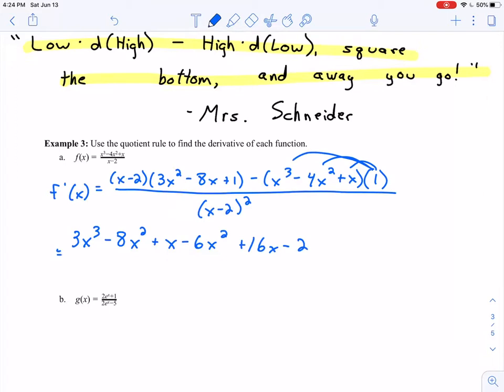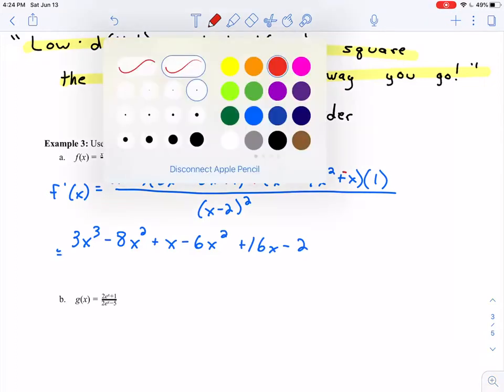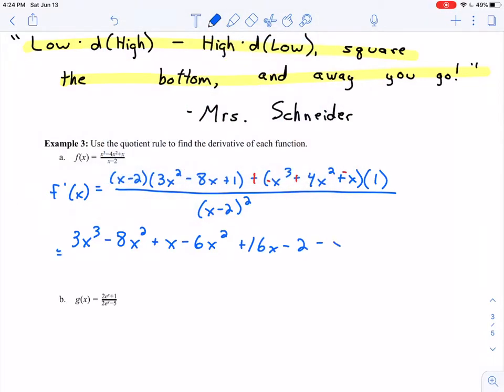But because it's just a 1, multiplying by 1 isn't going to change that number. I am going to go ahead and take this minus sign, change it to plus, and then change all of the signs that follow it. So I should have minus x cubed plus 4x squared minus x, divided all by x minus 2 quantity squared.